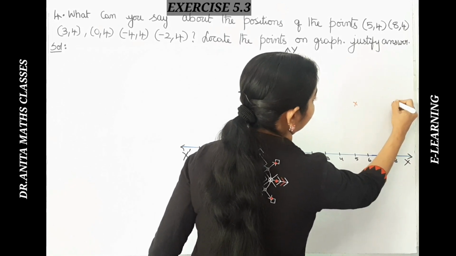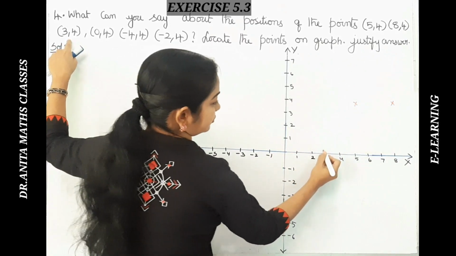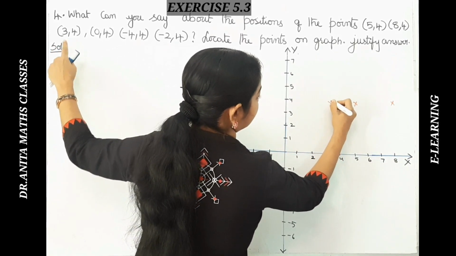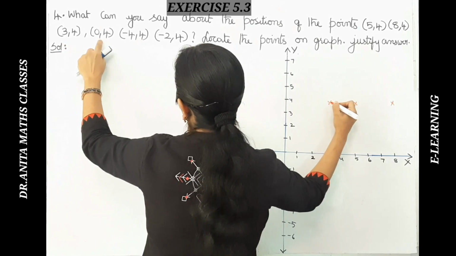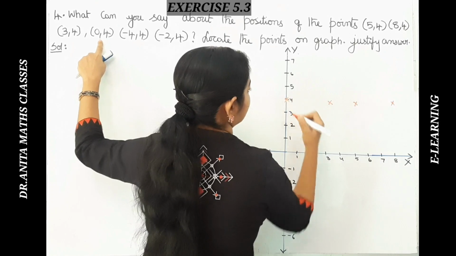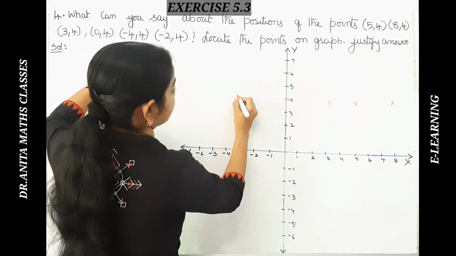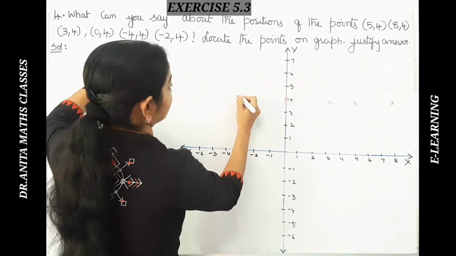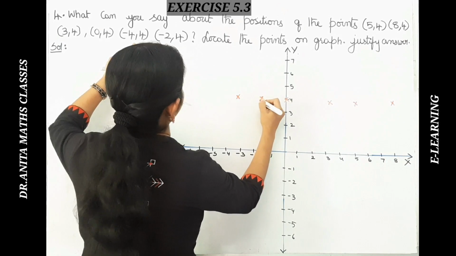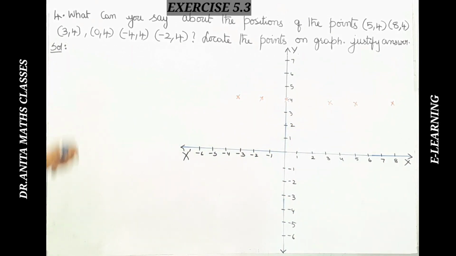Now (3, 4), this one. (0, 4), so it is on the y-axis. (-4, 4). If you are seeing this, (-2, 4), this point. So all we have plotted. Locate the points and justify your answer.